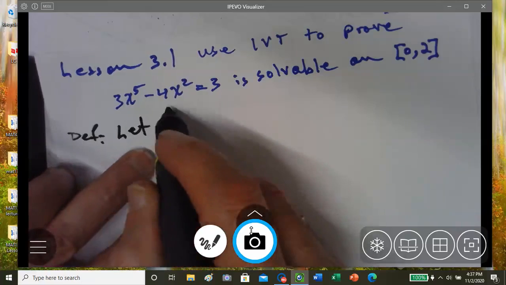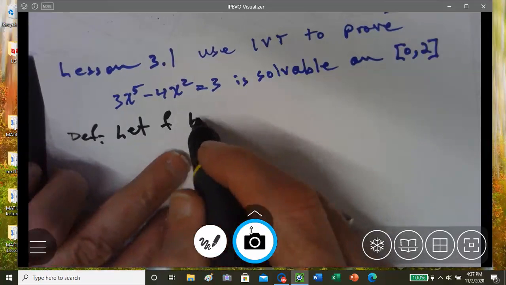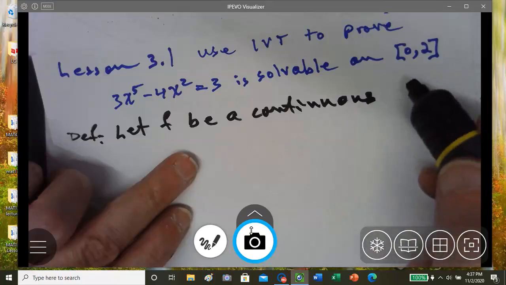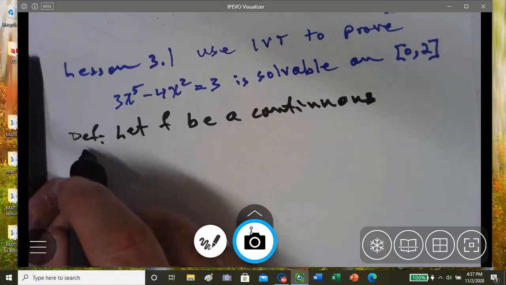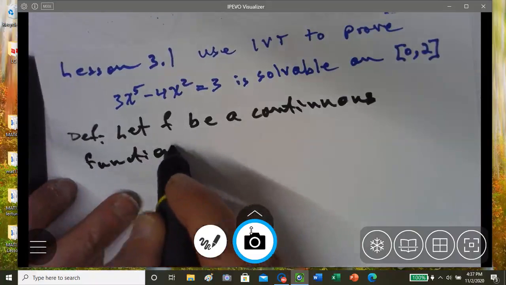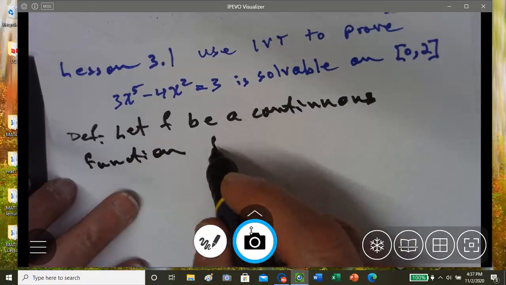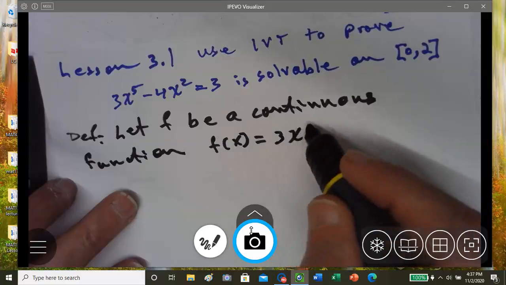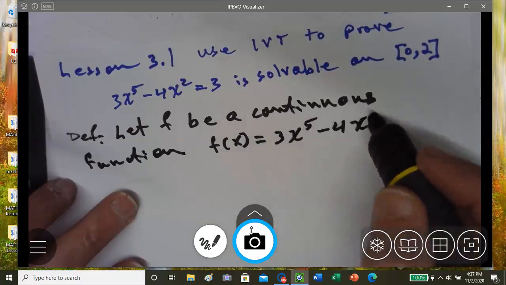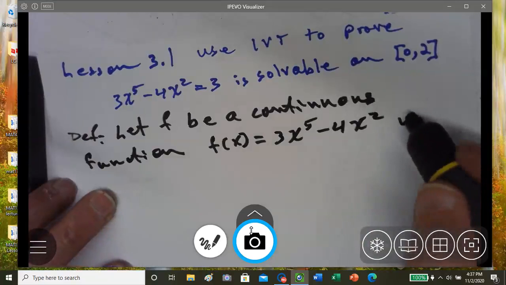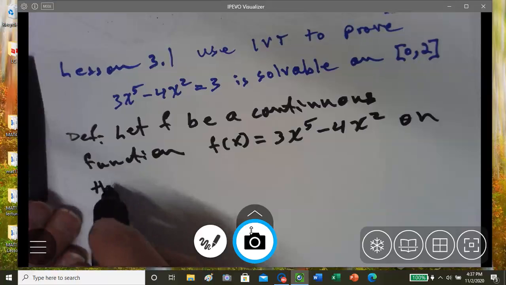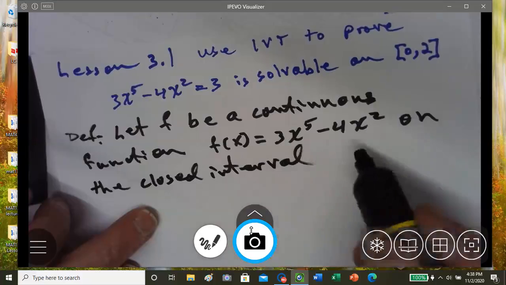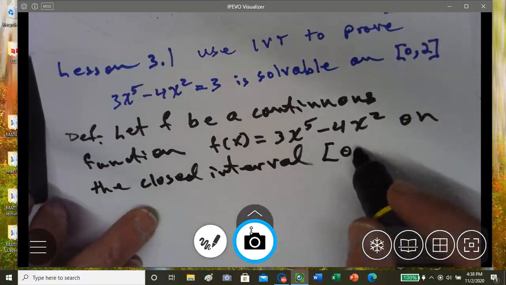Let f be a continuous function such that f(x) equals 3x to the fifth minus 4x squared on the closed interval from 0 to 2.